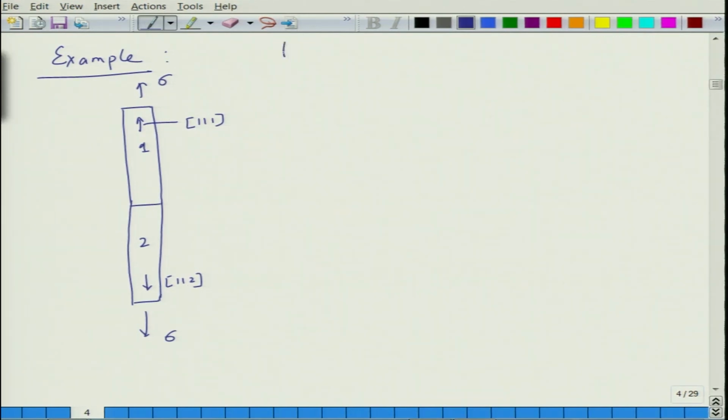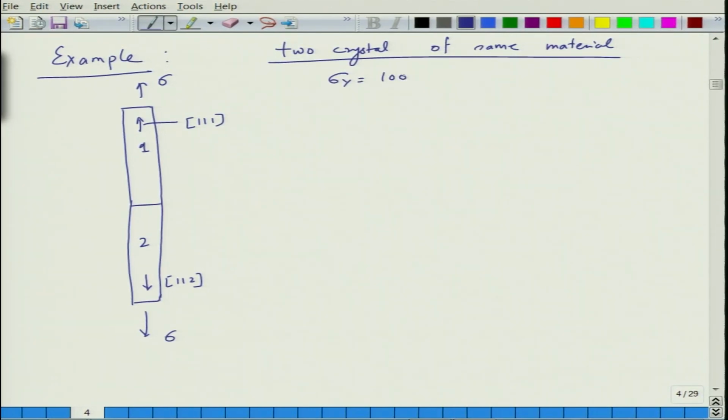Let us say the stress, F divided by A, is equal to 100 MPa.